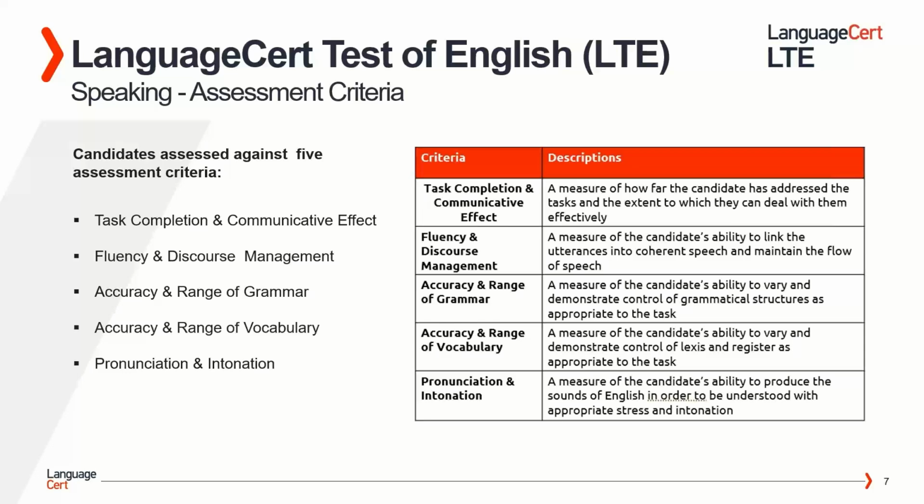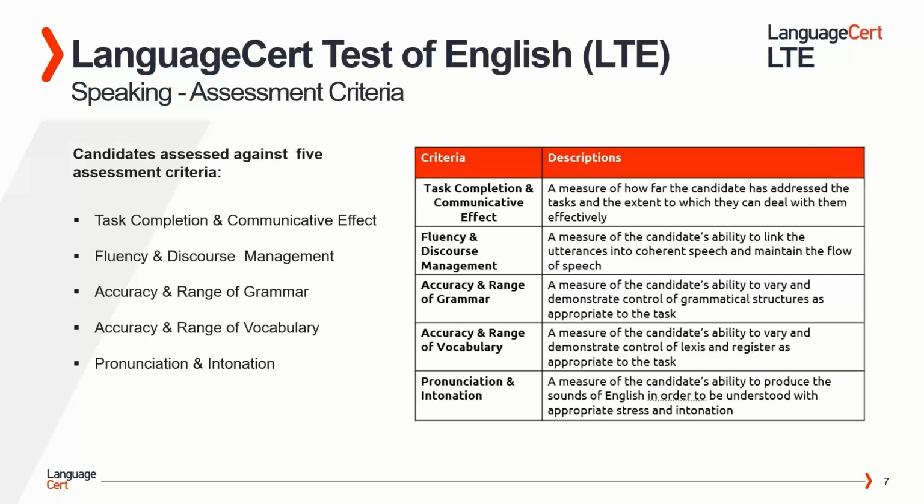fluency and discourse management, a measure of the candidate's ability to link the utterances into coherent speech and maintain the flow of speech. Accuracy and range of grammar, a measure of the candidate's ability to vary and demonstrate control of grammatical structures as appropriate to the task.